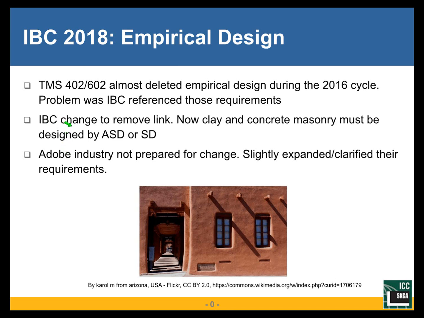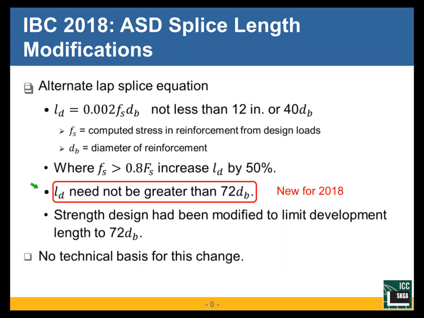So the IBC has removed the link for clay and concrete masonry, so they cannot be designed by empirical design, but it still is in there for Adobe. In the next edition, we have voted to remove empirical design from TMS 402, so I'm not quite sure what will happen with Adobe, but we'll see.